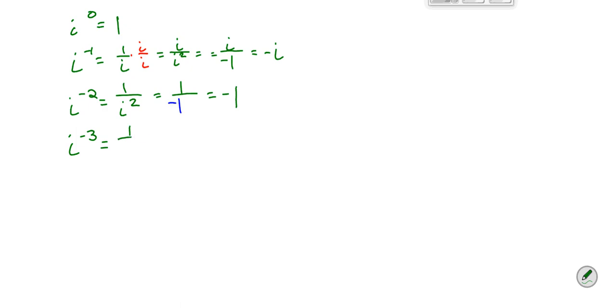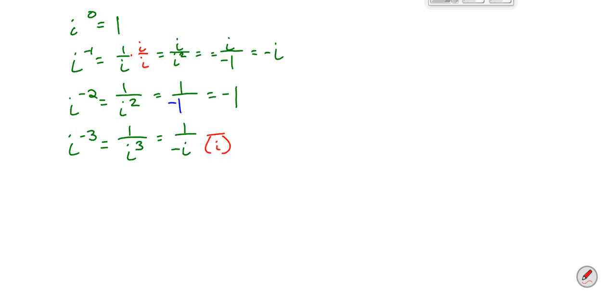So that's how I do these problems as we go. And I remember that i to the third is -i. So that's 1 over -i. And then I do have to rationalize that denominator by multiplying by i over i.